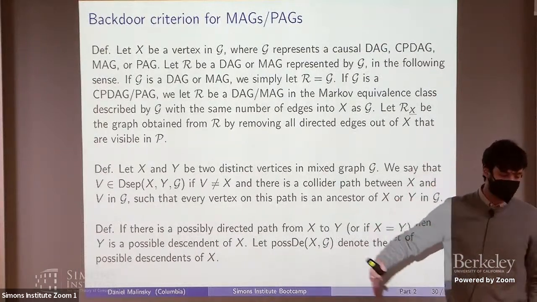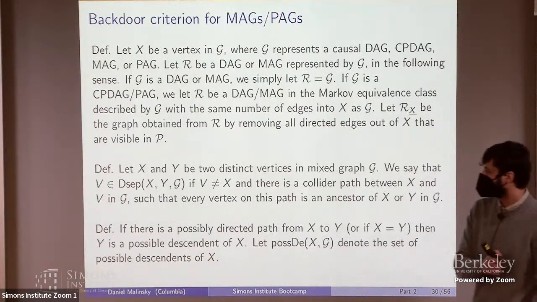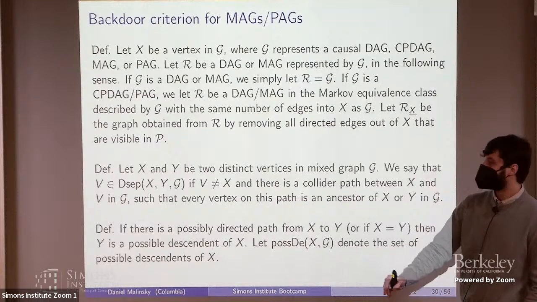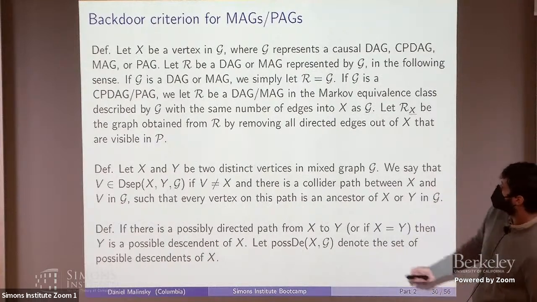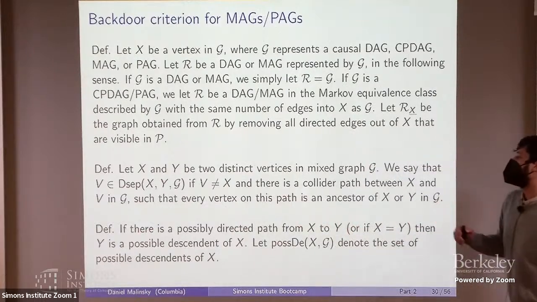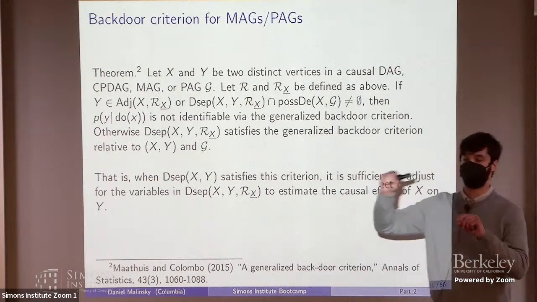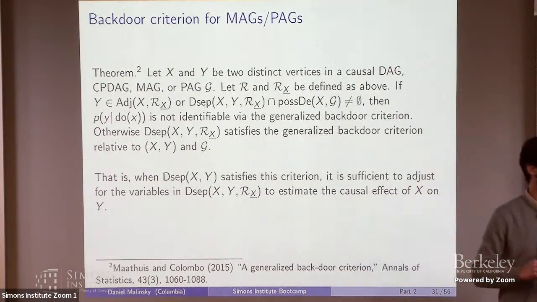But there is a backdoor criterion for MAGs and PAGs in the sense that if you're given a PAG or a MAG that you've learned from FCI, you can define a certain set. It's called DSEP XY, defined here. And you can check a certain graphical criterion, which involves removing edges from a certain subgraph of the original graph and checking whether descendants intersect with certain other sets.